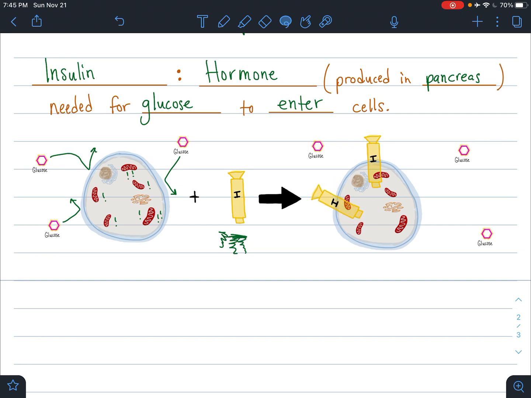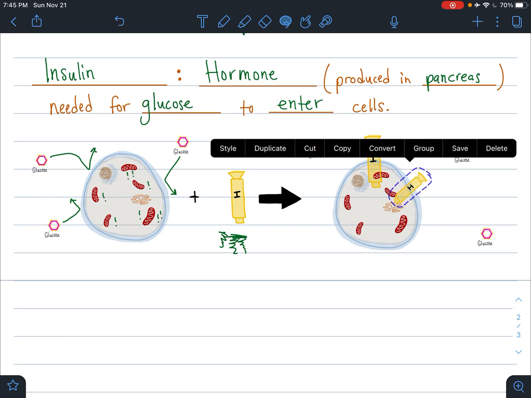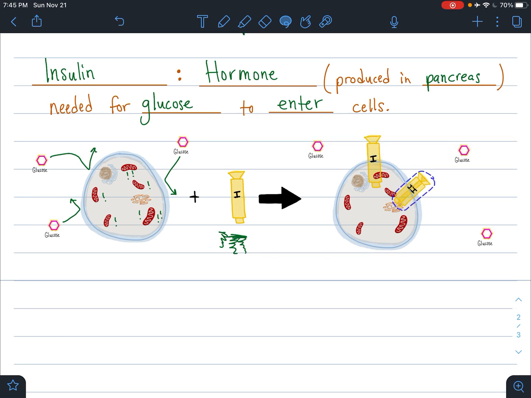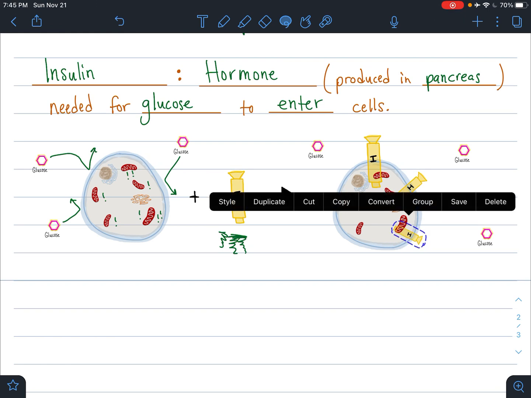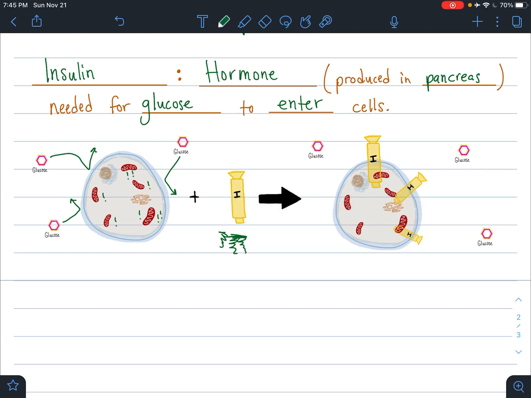If we add them into our cell, then miraculously we should have the ability for the glucose then to enter the cell. You see, cells have to be protective because they only want glucose to come in if they need it. So when they do need it, they allow the insulin to create the pathway for glucose to get inside of the cell, where it can then go to the mitochondria to make the ATP energy.